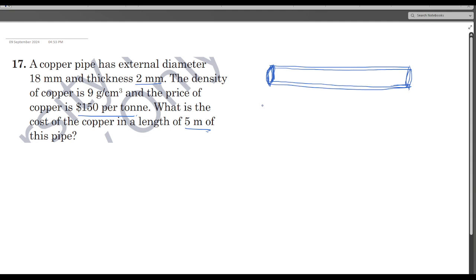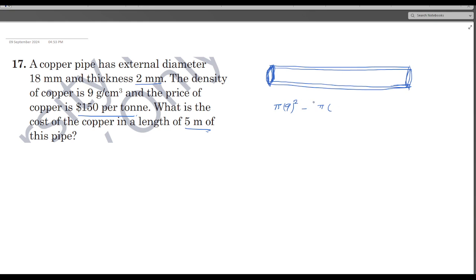So for the outer circle, the copper pipe has an external diameter of 18 mm, that is radius of 9. So pi times 9 square will be your outer area, and your inner area will be pi times... Now the thickness is 2, so your radius will decrease by 2 mm.